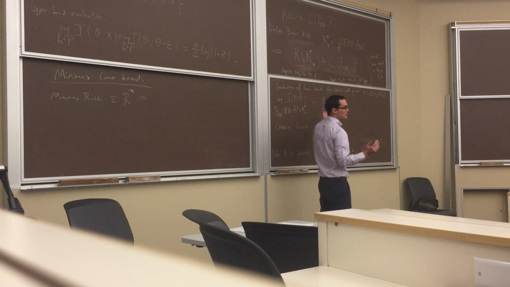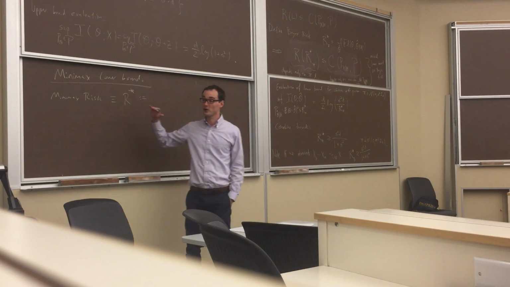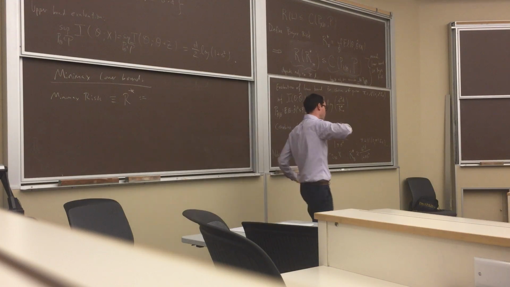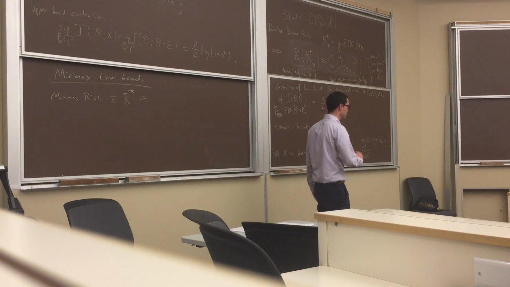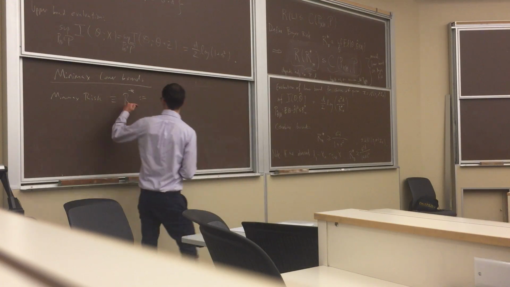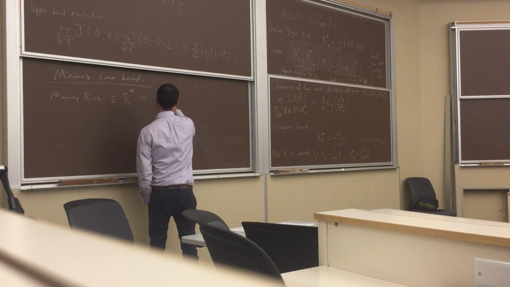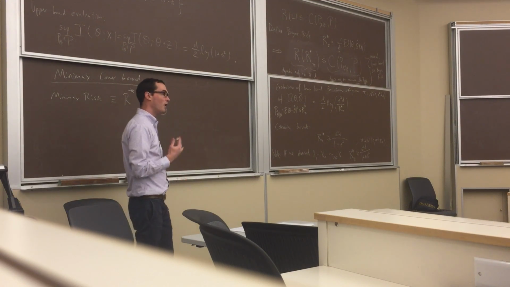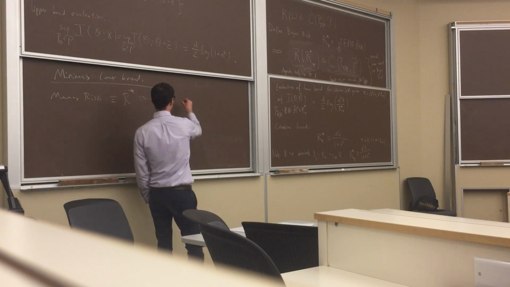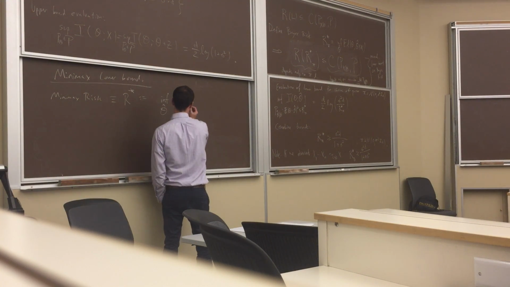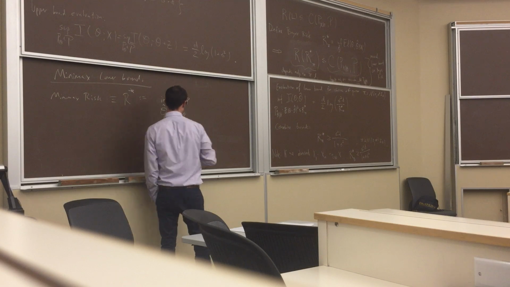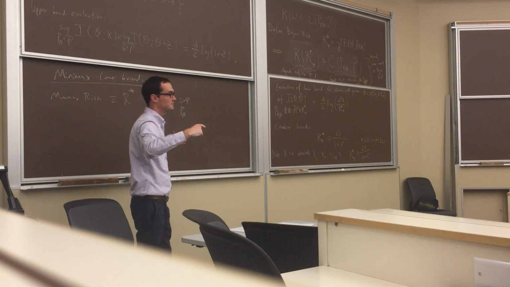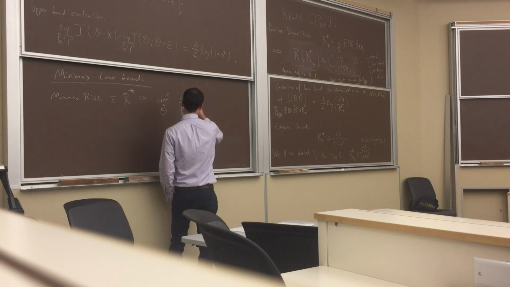So oftentimes what people are interested in are these so-called minimax risk lower bounds. I'm going to answer your question shortly, essentially. The idea here is we look at the minimum risk over all estimators, where we maximize over the distribution on the parameter, where we maximize over the prior in some other set.